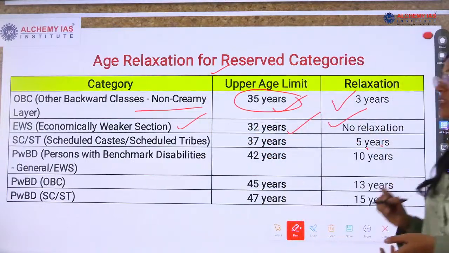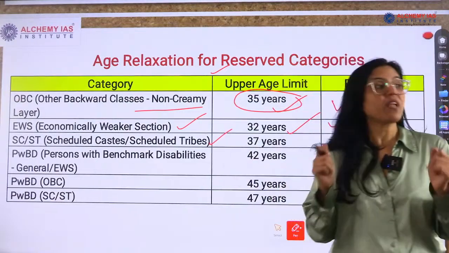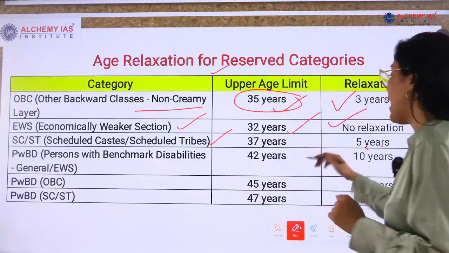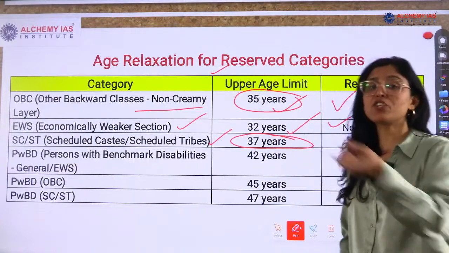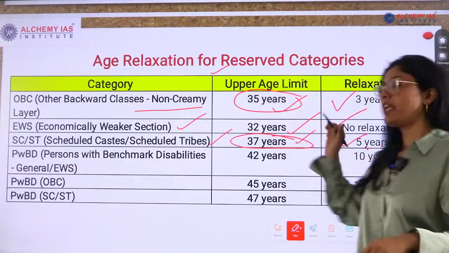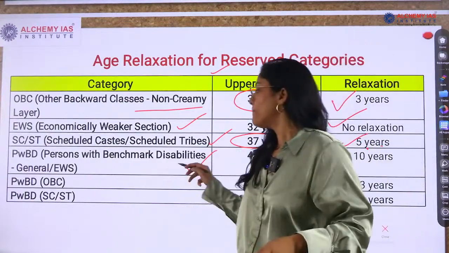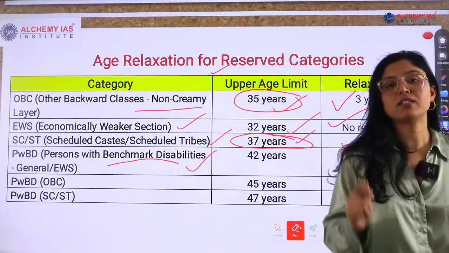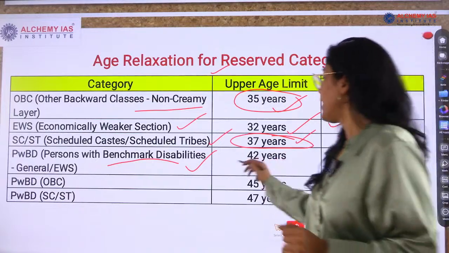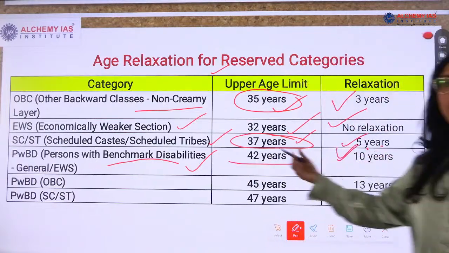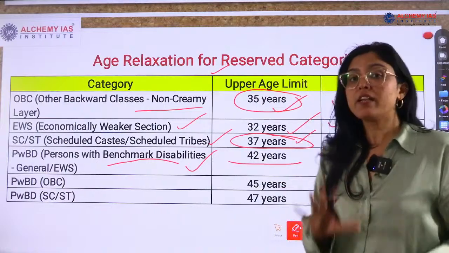No relaxation is given. Now comes SC, ST category students, and their relaxation is 5 years, which means they can write till the age of 37 years. Next is PWBD, benchmark disability students, and they are given an age relaxation of 10 years and until 42 years they can write.